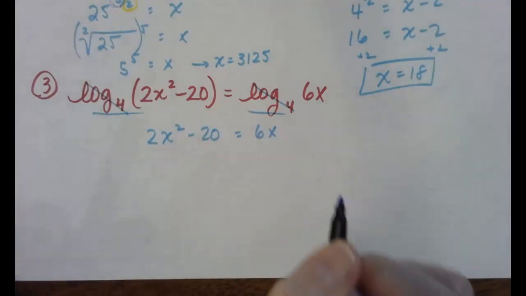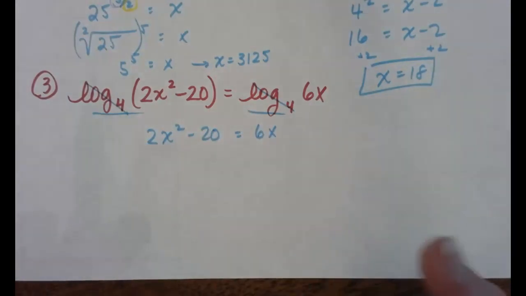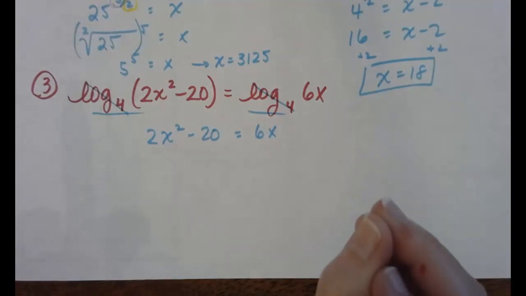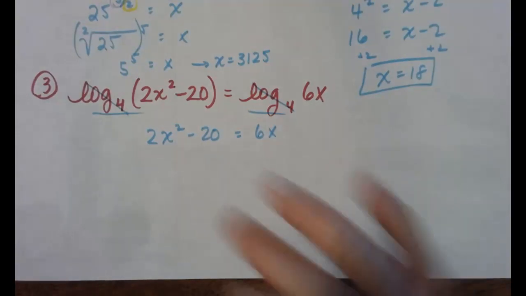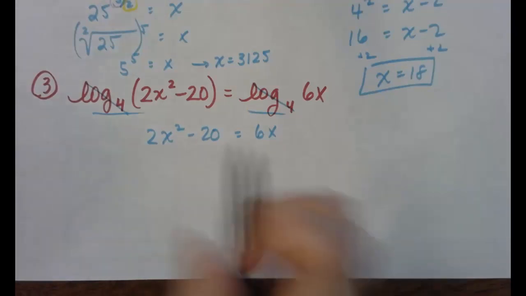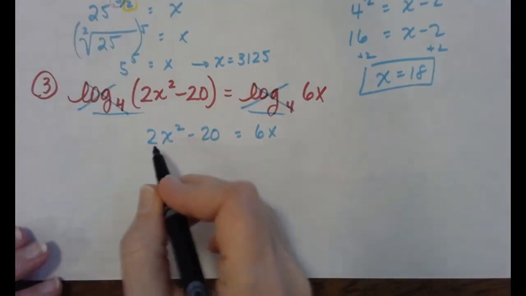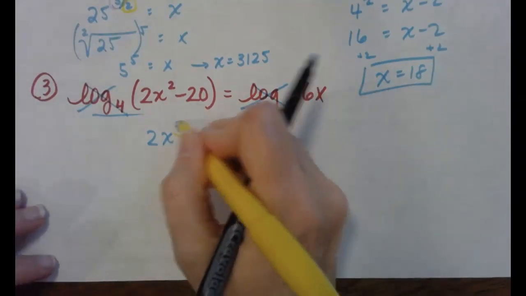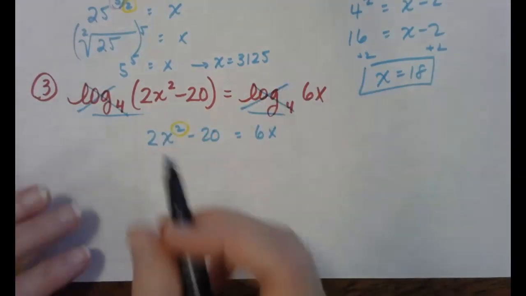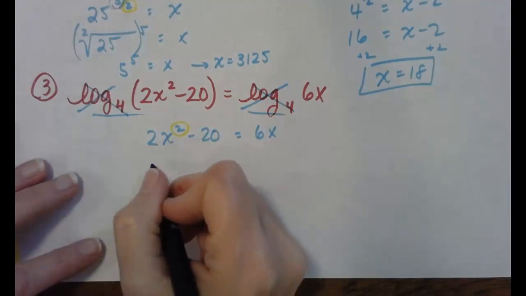Once again, that's only if there's 1. If there's 2, then we're going to need to condense first, then drop the logs. But here we've got log base 4 set equal to log base 4, so that's why we can drop them. This turns into a quadratic equation, which now we can set equal to 0 and solve.